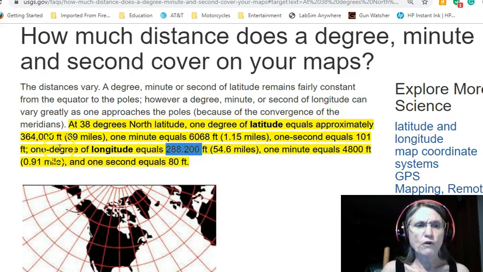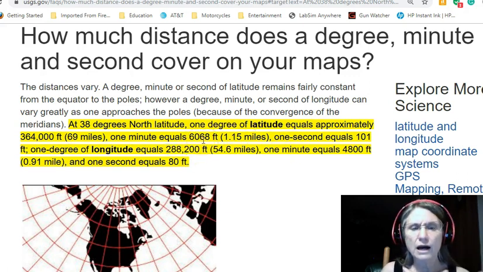And for the latitude, it's a little bit off from that, but trust me, let's just go with that. 60 seconds is a minute, and 60 minutes for a degree. That will be precise enough to give your calculation the correct answer to find the closest airport.